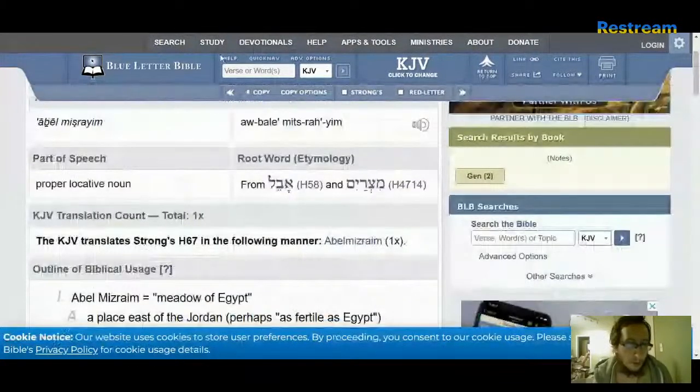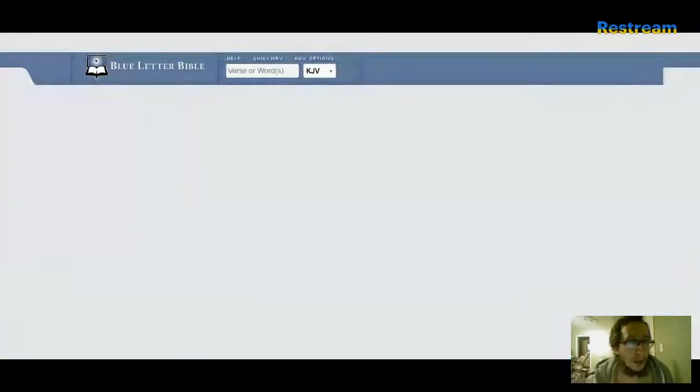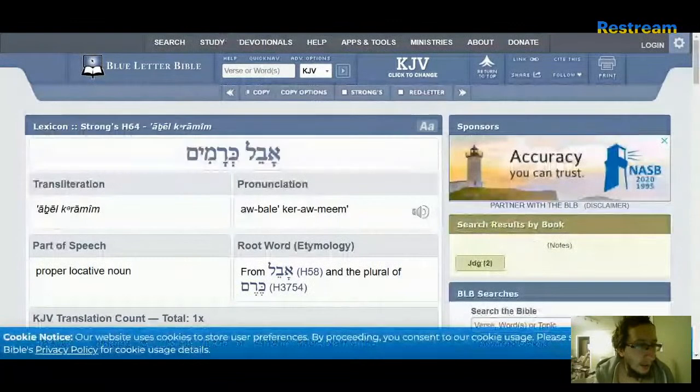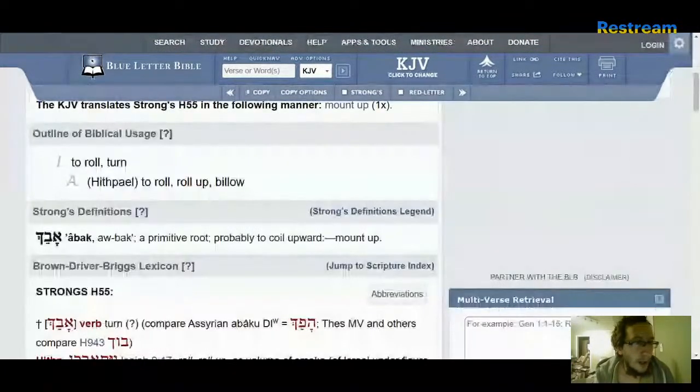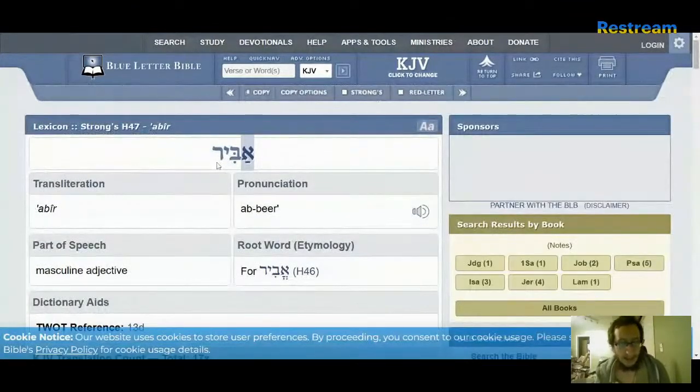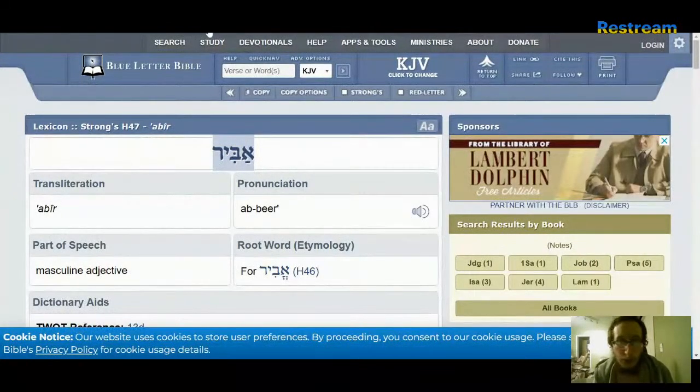But let me check now on Wiktionary these few words, like aber and abak. Let's just double check this to make sure it has any articles for those words. Let's see. It doesn't show the etymology for aber. Let's try abak.